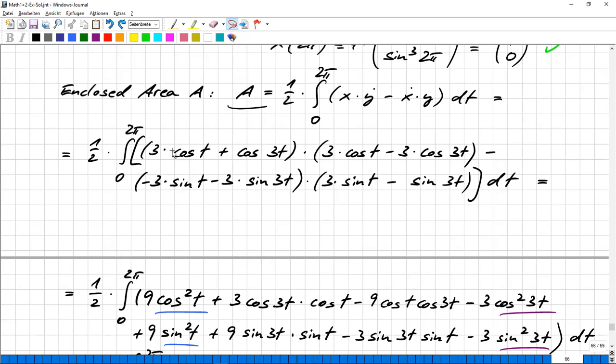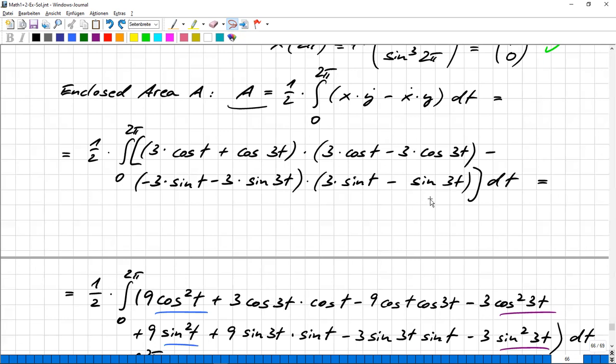Now I take first times second, so I'm here, 3 times cosine of t times negative 3 times cosine of 3t. That results to negative 9 as a factor, and then cosine of t times cosine of 3t, this term. Then second times second, cosine of 3t times negative 3 times cosine of 3t. This time I have cosine of 3t here and here again, so this one squared is what I get, and a factor of negative 3 only.